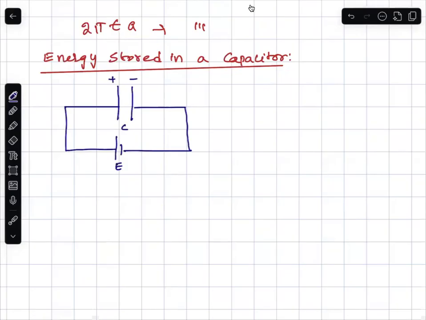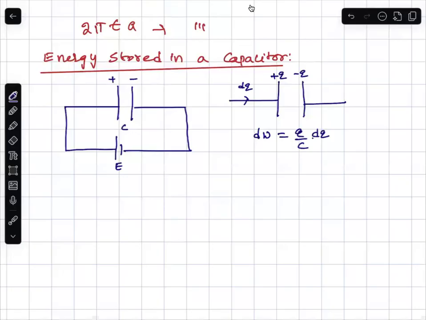Now in this process, at some instant, let Q be the charge on the positive plate and minus Q be the charge on the negative plate. And you are charging this further by dq. In this, I need to do work. Why? Already there is a potential difference of Q by C, and you are doing work by this much amount.